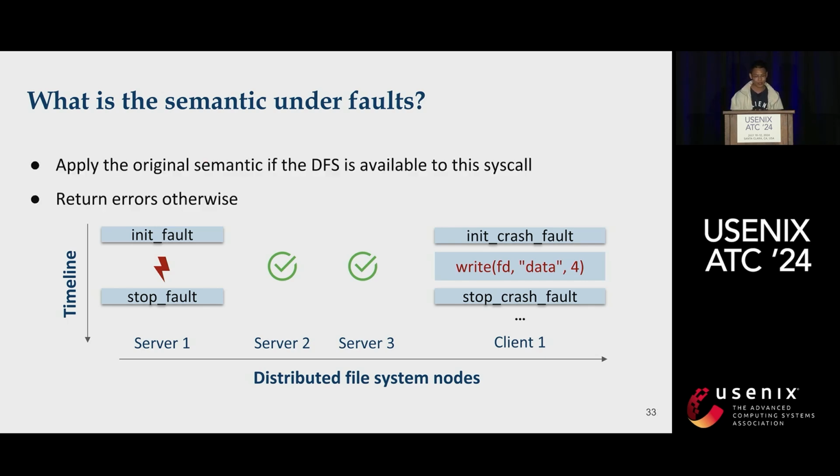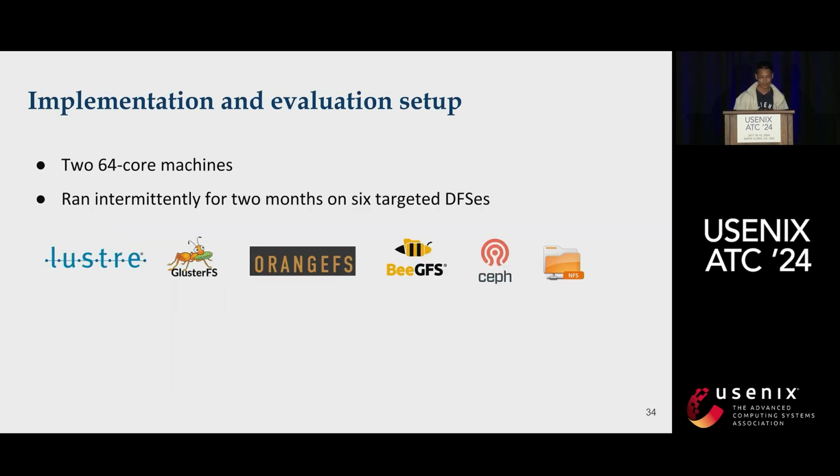So to solve this problem, our checker will first check if the file system is available to this syscall. If it is, then it just applies the original semantics. Otherwise, it will return an error during the emulation. The availability is emulated from the availability model we manually extracted from the distributed file system, which requires minimal manual effort. So now we have built this fuzzing framework.